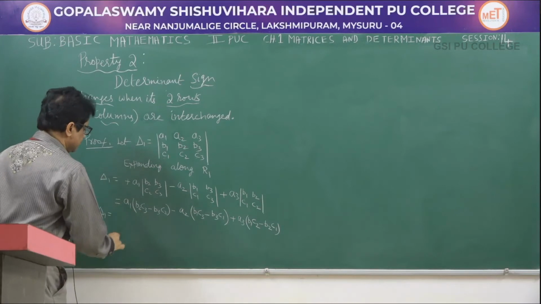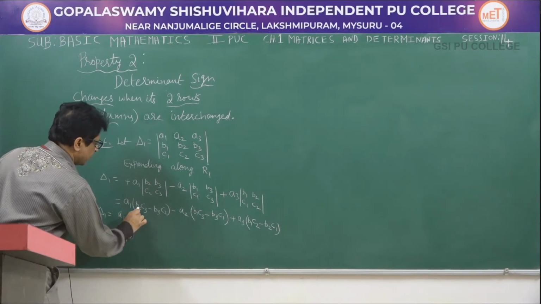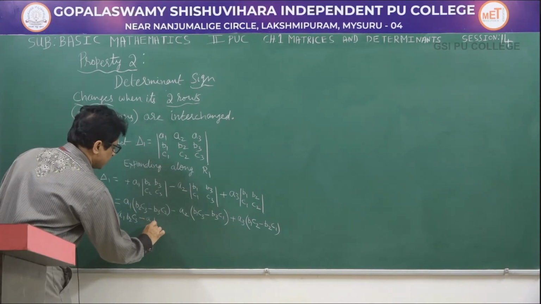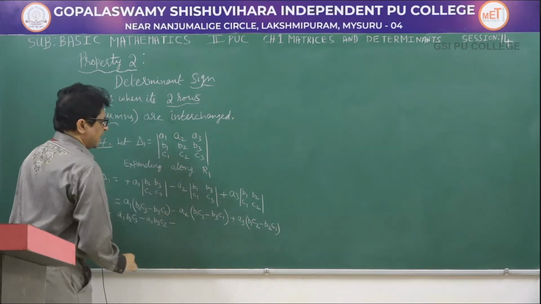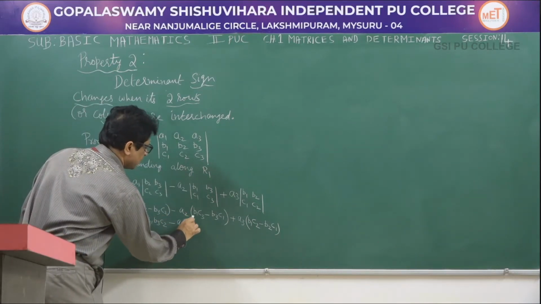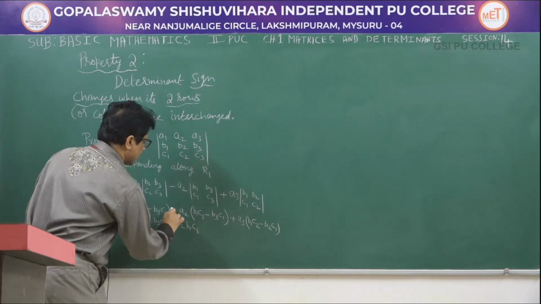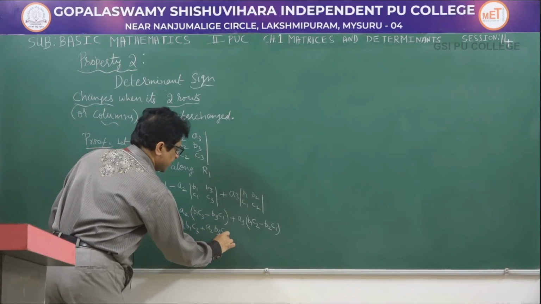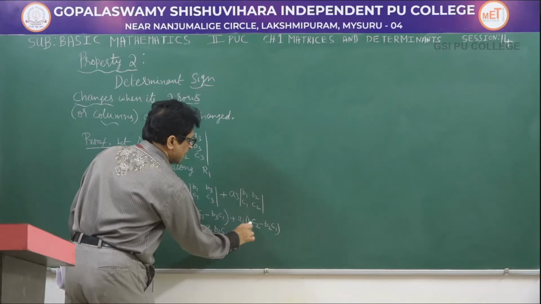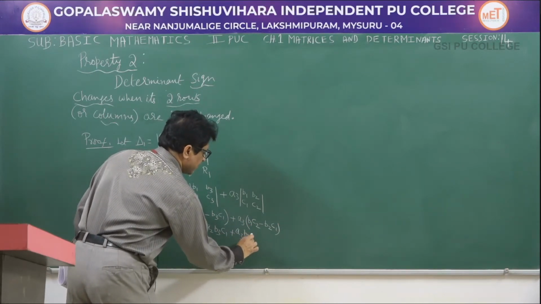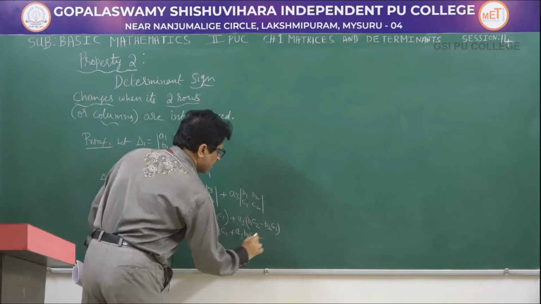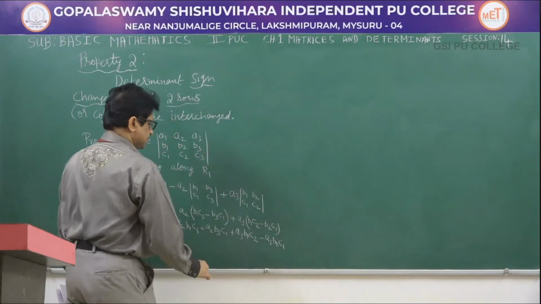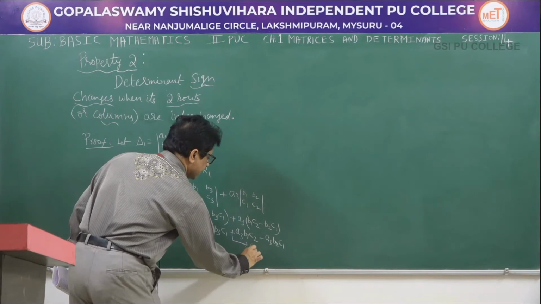So, delta 1 is equal to A1 into B2 C3 minus A1 into B3 C2 minus A2 into B1 C3, so minus into minus plus A2 into B3 C1 plus A3 into B1 C2, plus into minus minus A3 into B2 C1. We call this as equation 1.